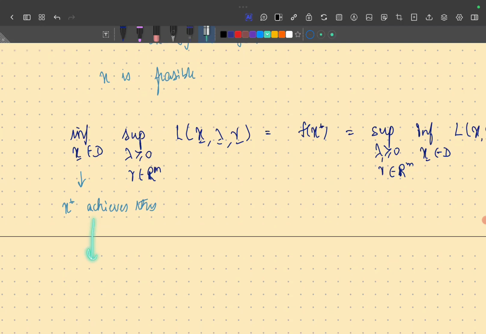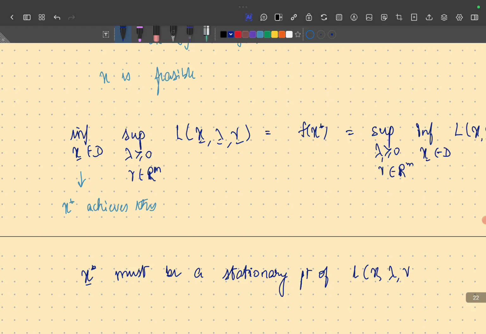Directly from this, I get that x star must be a stationary point of L of x, lambda, nu. It's again a necessary condition.